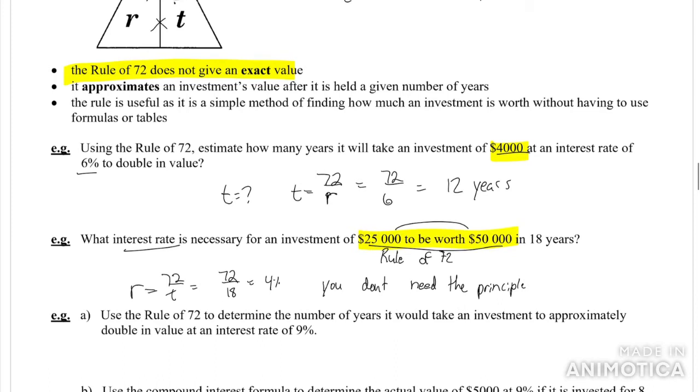Those are a bit of misinformation because at 4% and 18 years, any investment will double. So if you had $4 in your account, you would have roughly $8. If you had $25,000 in your account, you would have $50,000. If you had $1 million, you would have $2 million. So because of how these interest rates work, this rule is handy for using it on any value.